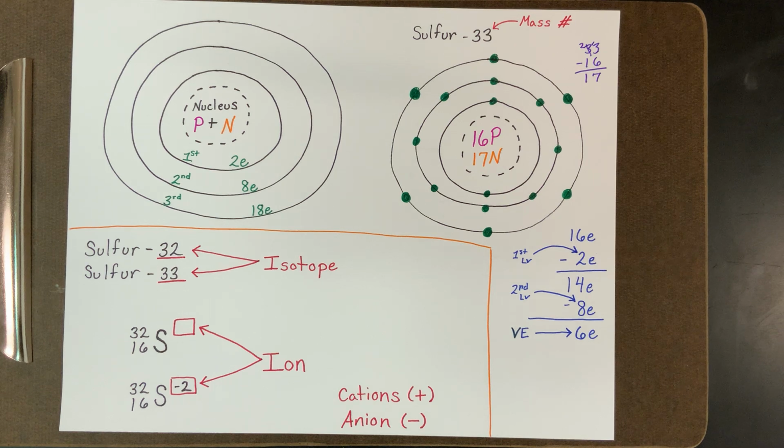And remember, we get a positive charge by losing electrons, and we get a negative charge by gaining electrons. And that goes back to protons being positive and electrons being negative. So cations are going to have more protons than electrons. Anions are going to have more electrons than protons. And that covers everything from the periodic table and a few extra things that are going to be on the test.